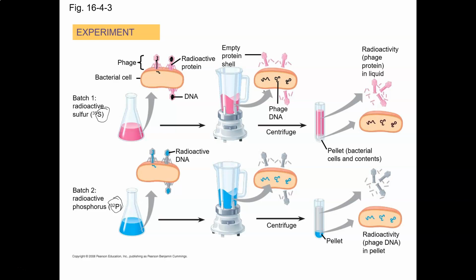Notice that in the tube, there's going to be some material that's outside the cells, because the virus doesn't completely go into the cell. It injects part of it into the cell, and the rest of it stays outside of the cell. So you have the actual cells, and then you have the material outside of the cells.